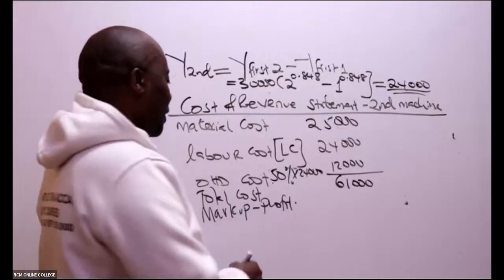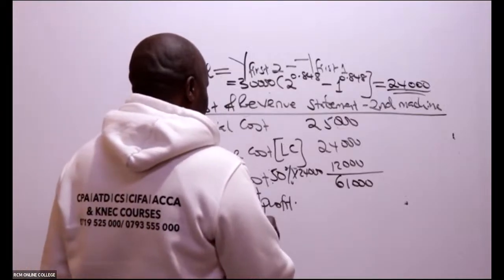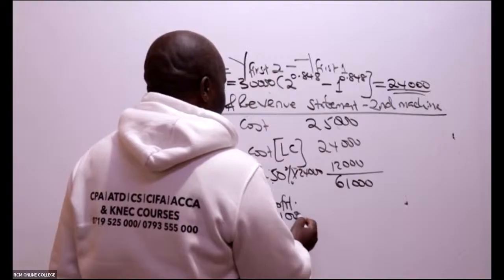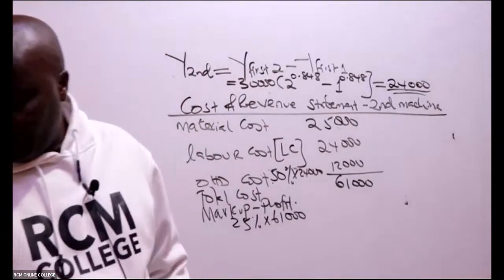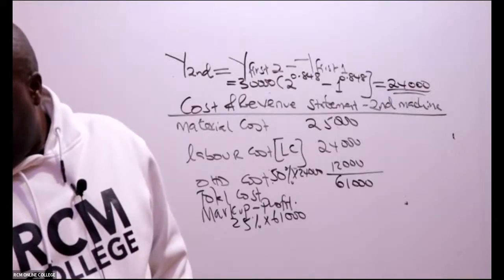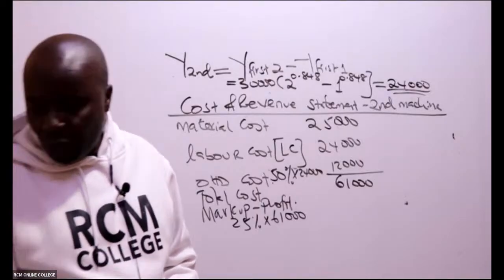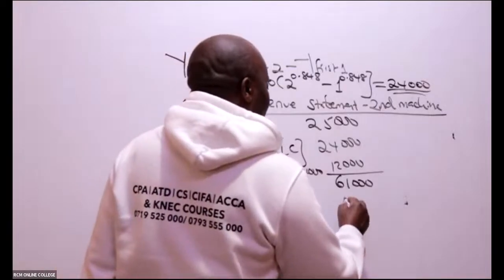So 25% of the 61,000 gives you what figure? It is $15,250.